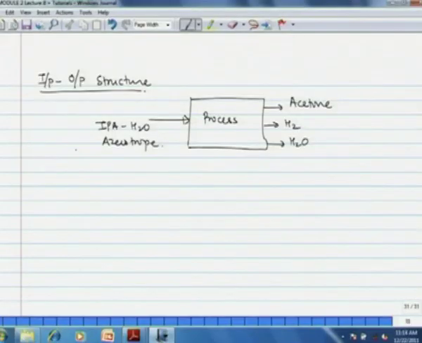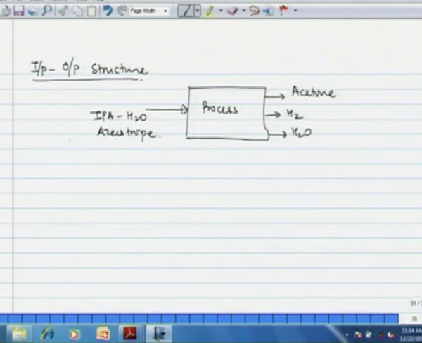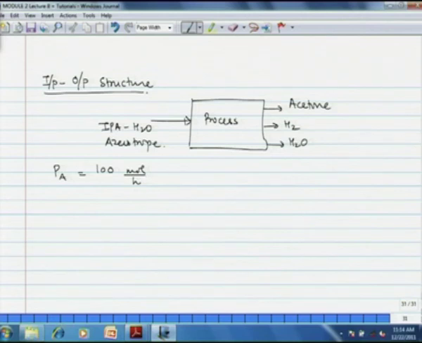Okay. Let us say we have not been given the production rate of acetone. So, we assume a simple production rate of acetone, PA, as 100 mole per hour. If you see the stoichiometry of the reaction, then the production rate of hydrogen will also be 100 mole per hour.